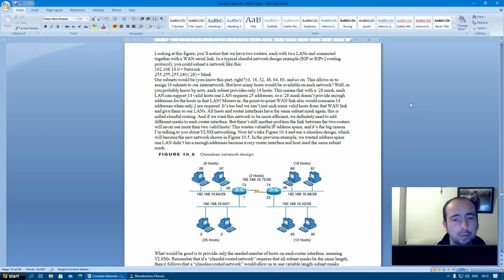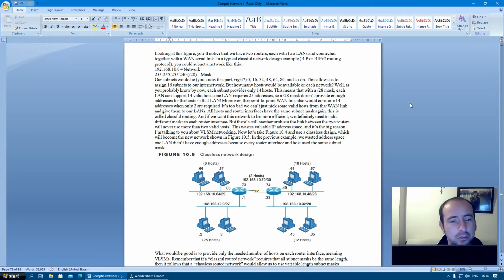You could subnet a network like this: 192.168.10.0 equals network, 255.255.255.240, /28 mask. Our subnets would be, you know this part right, 0, 16, 32, 48, 64, 80 and so on.